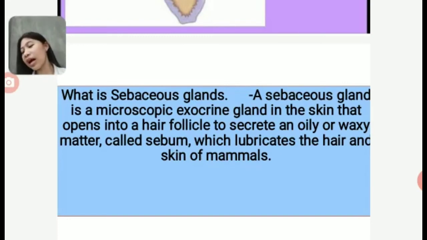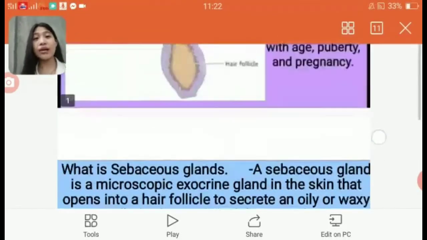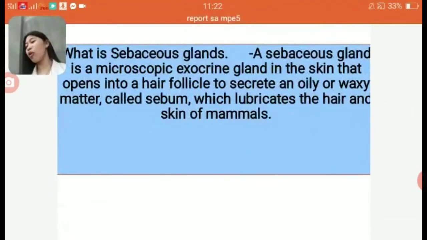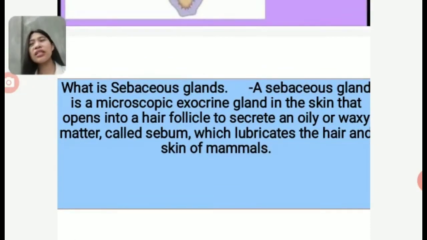Ang sebaceous gland ay isang microscopic exocrine gland sa balat na nagbubukas sa isang hair follicle, upang maitago ang madulas o waxy matter na tinatawag na sebum. Yung sebum, siya yung nagpapadulas ng buhok at ng balat natin.